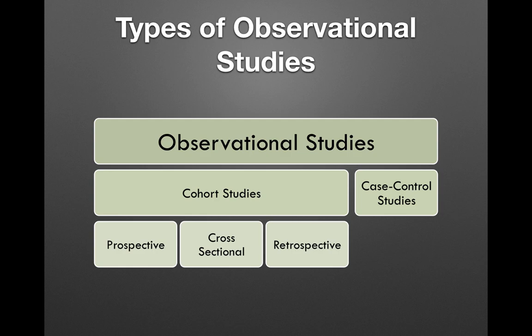So if we have a prospective cohort study, then we are following these subjects over a period of time. If we're dealing with cross-sectional, then we're only focused on one point in time. And if we're looking at retrospective, well, that's going back to something that has already occurred and studying something that happened before.